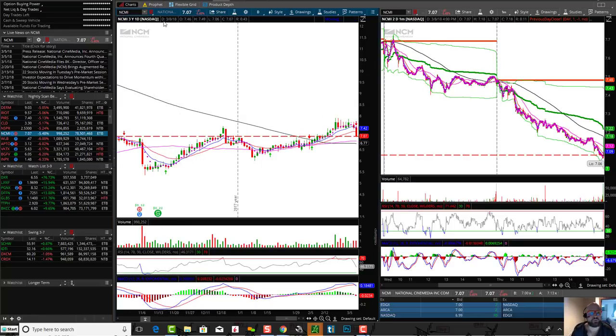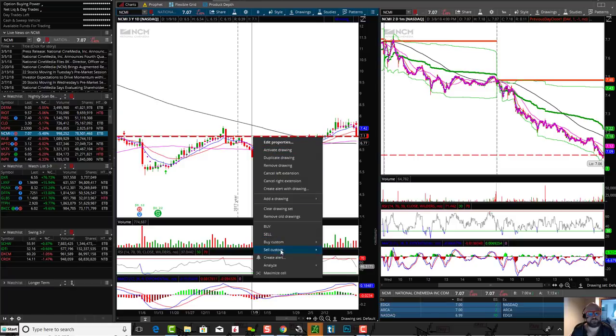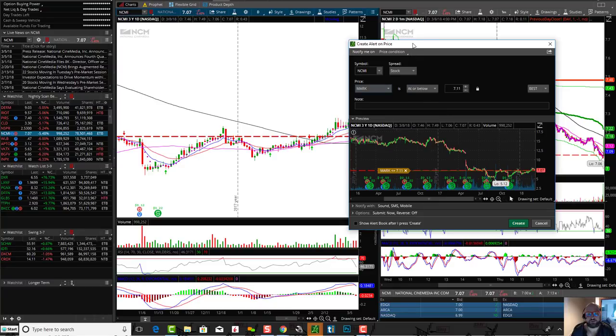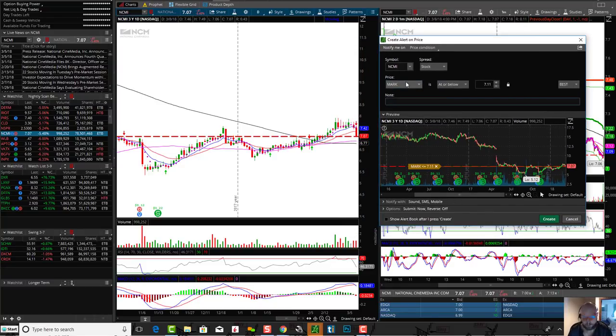So this one, at or below, potential short with support at $7.50 and 200 SMA below. Potential short with support at $7.50 and 200 SMA below, at or below.